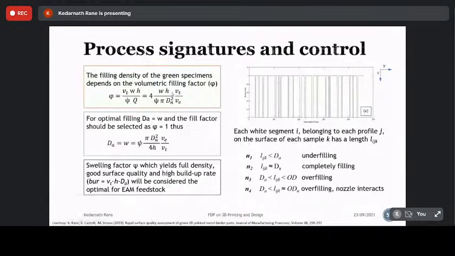We considered some variables index to understand the process stability, and real-time deposition correction measures can be realized through these approaches. You can see on the right side, the period identification took place with respect to some fundamental parameters.